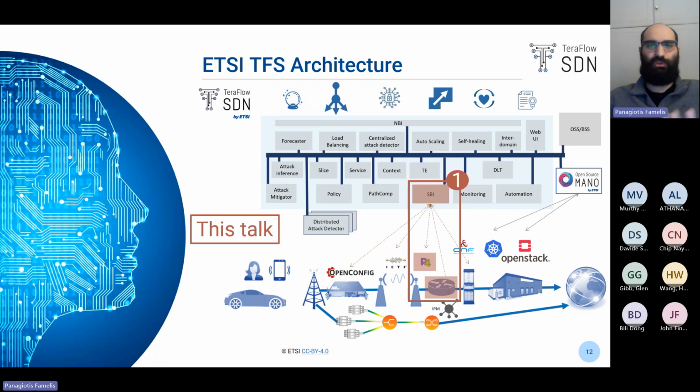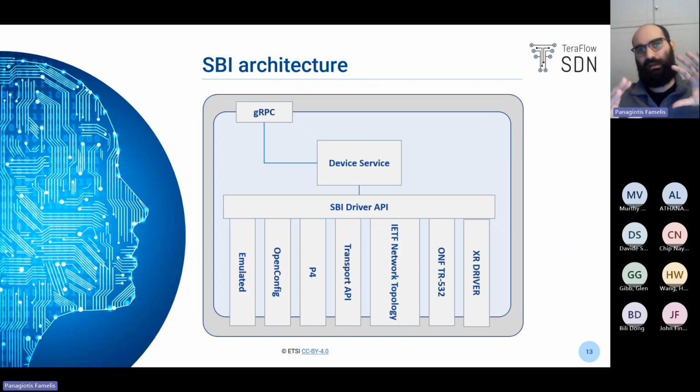In this talk, I'm going to talk mainly about four different components: the SBI, the southbound interface, the service, the policy, and the monitoring. On the SBI, just before moving on, the approach we use is that we have this device service, which communicates through gRPC with the other components. And then we have this SBI driver API. This is an abstract API, an interface, let's say.